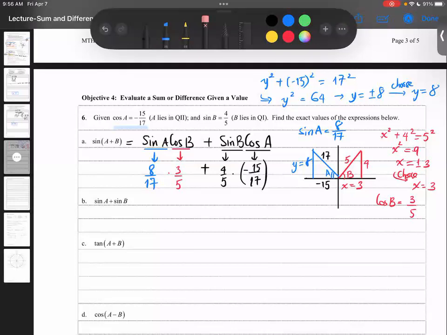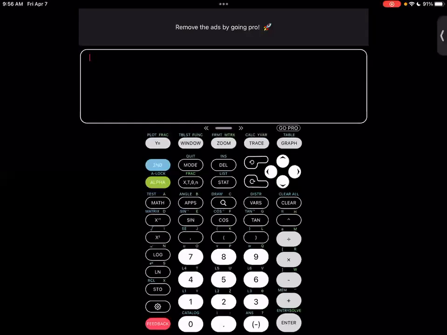8 over 17. 3 over... What do you guys have? What's your answer? Right. This is a graphing calculator, but I just want to ask you, see how easy it is.